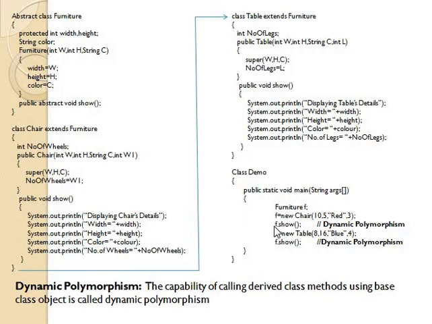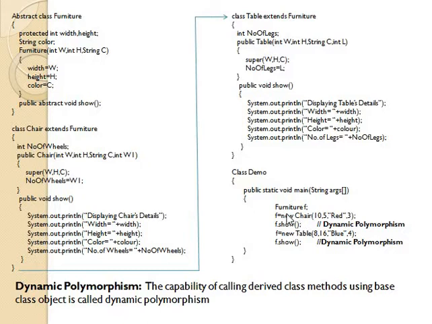Then in the third line, using the same object f of the abstract base class furnisher, it is invoking the show method using the dot operator. But which show method is it invoking? Is it invoking the show method of the base class furnisher, or the show method of the derived class chair?